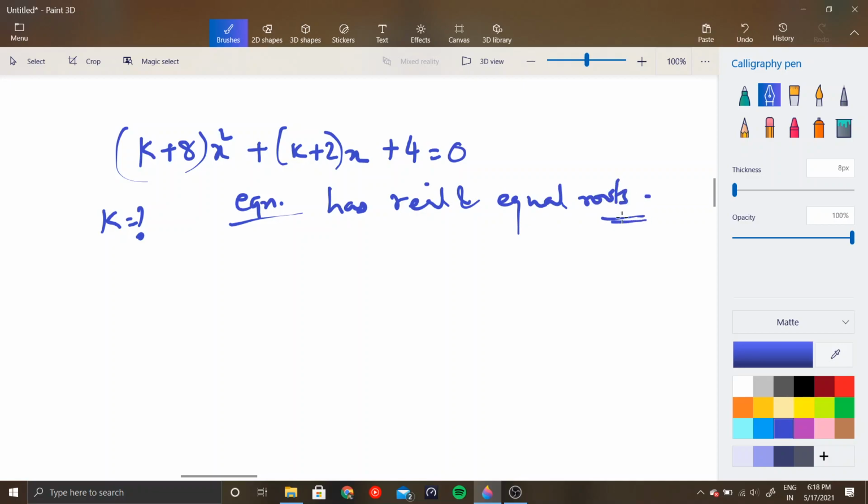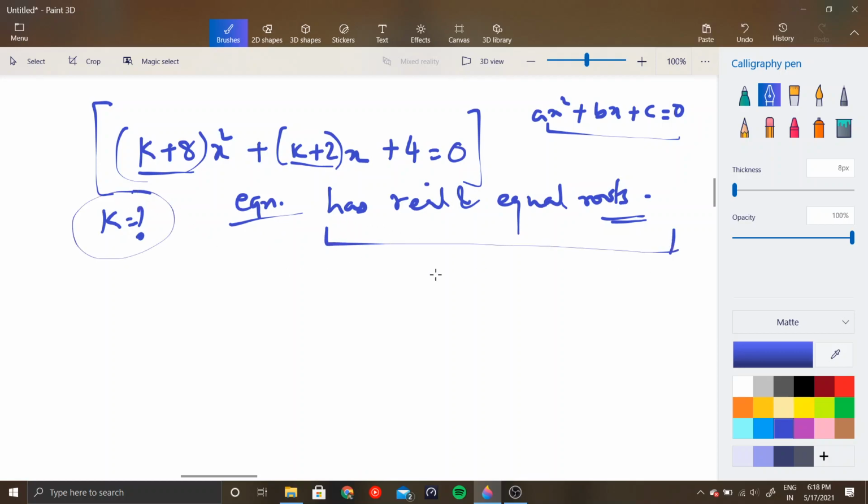Okay. So now this is a tricky part. Firstly, you know that this is of the form ax squared plus bx plus c equal to 0. We can't use substitution here because k plus 8 and k plus 2, they are two different terms, okay?